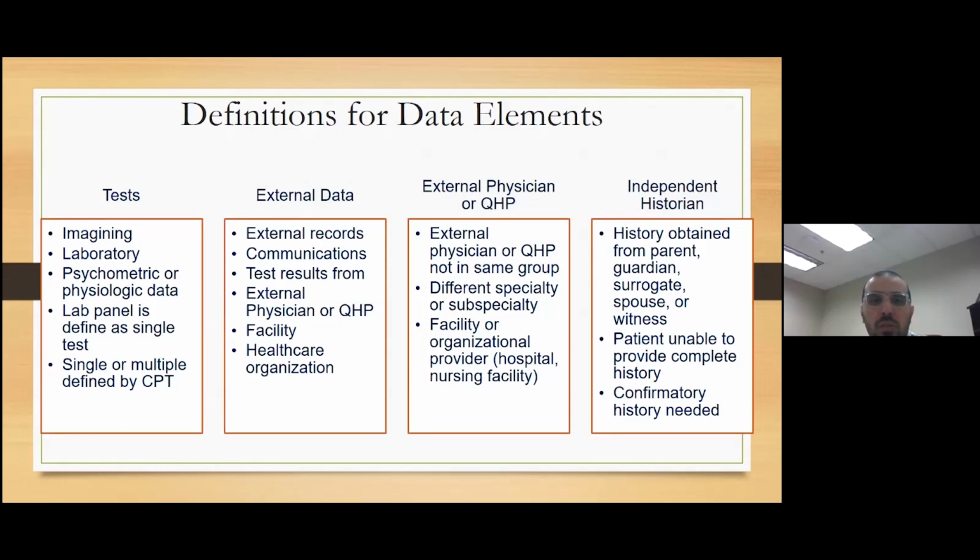External physicians, like I said, means not the same group and not the same specialty. If you are worried about their diabetes and you send them to the nephrologist to check on their kidney, by all means, you do that.